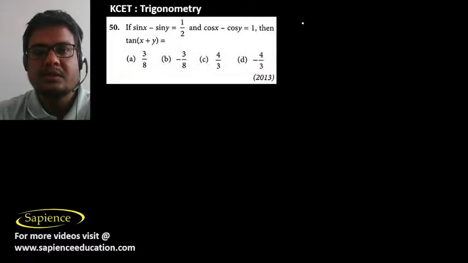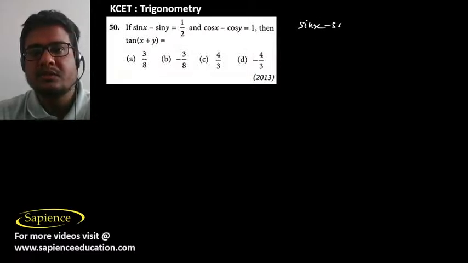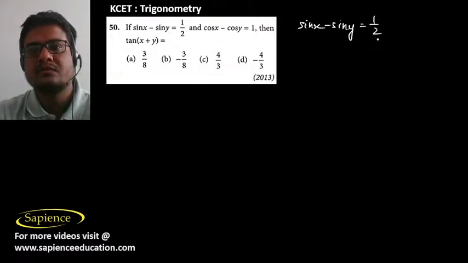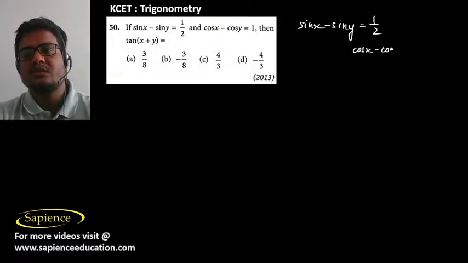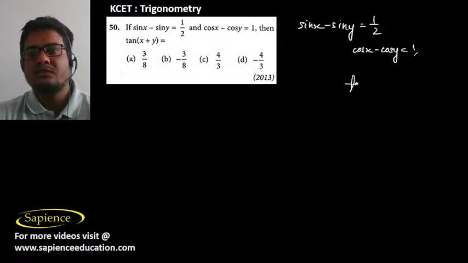So here it is told that if sine x minus sine y is equal to half, and cos x minus cos y is equal to 1, then we have to find the value of tan of x plus y.